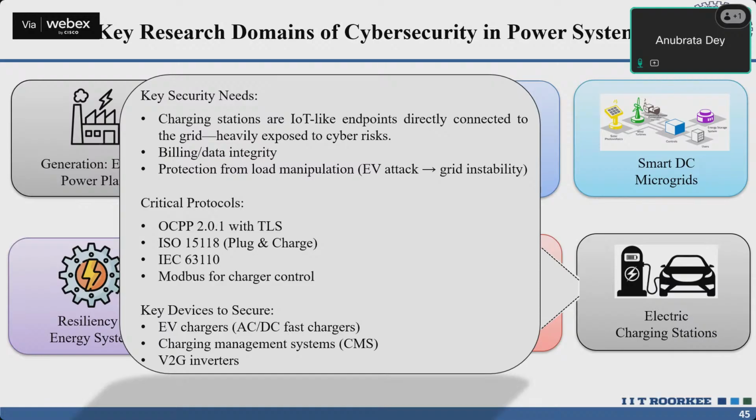And the key aspects are EV chargers, all types of AC and DC chargers, charging management systems, and V2G inverters. So all these devices are targeted by attackers using these protocols, because if you look at these protocols, no cyber security aspects are covered. So one can easily attack them and manipulate the data.